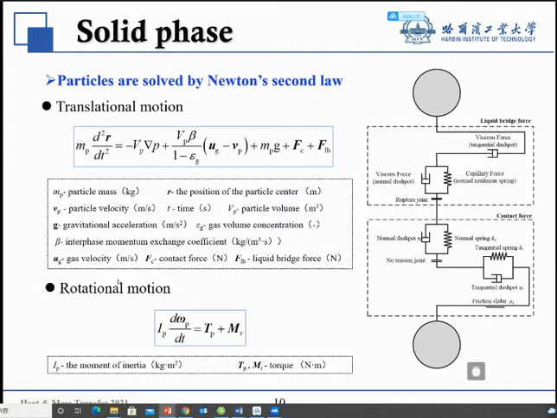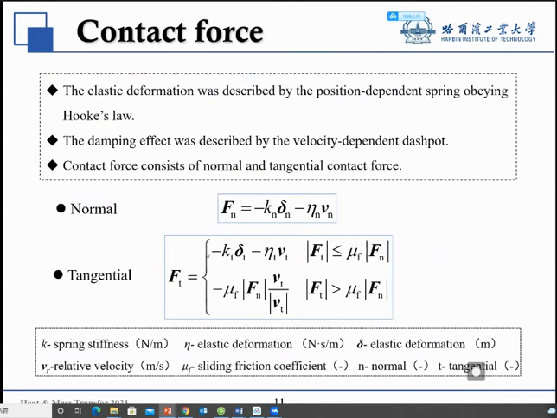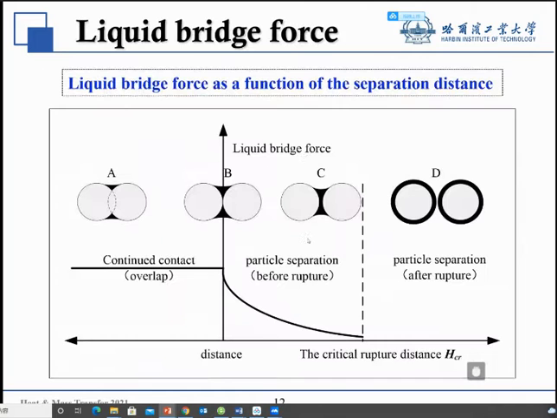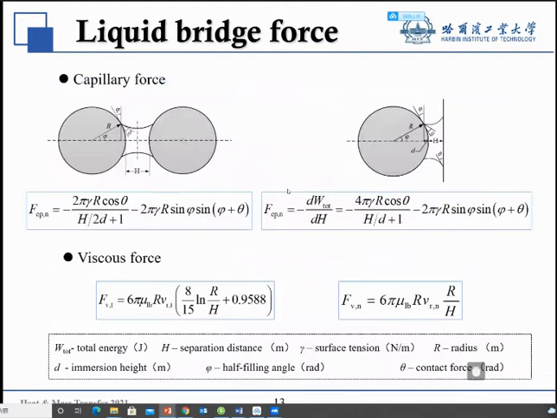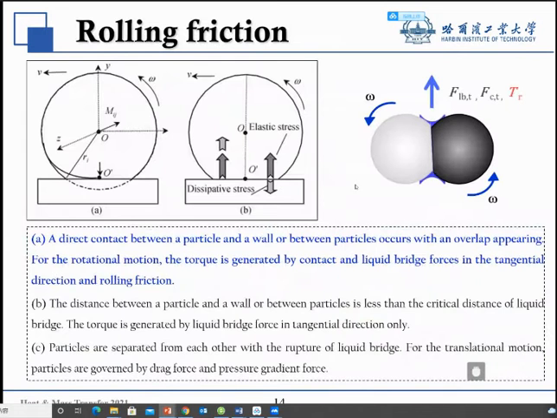For the rotational motion, we should consider the tangential force from contact force and liquid force, and the rolling friction. Here are some equations for the solid phase to describe the particle movement. Here are some contact force models, the liquid bridge model and the equations.